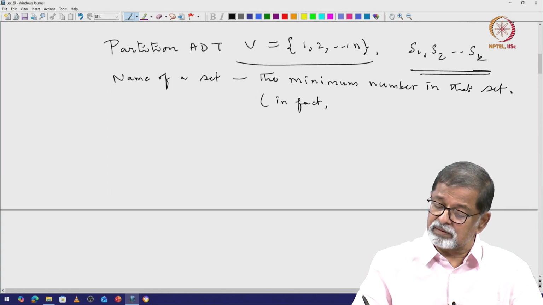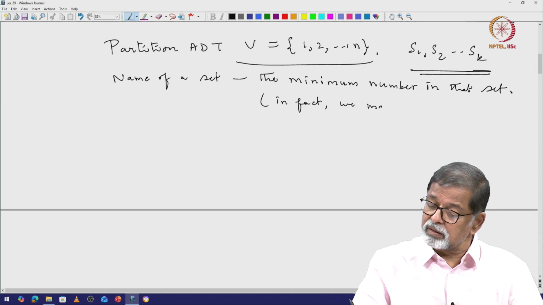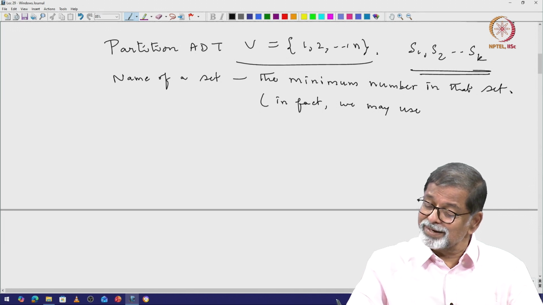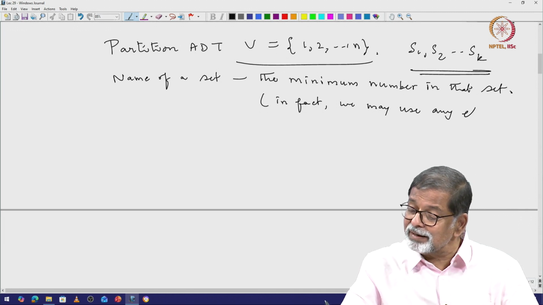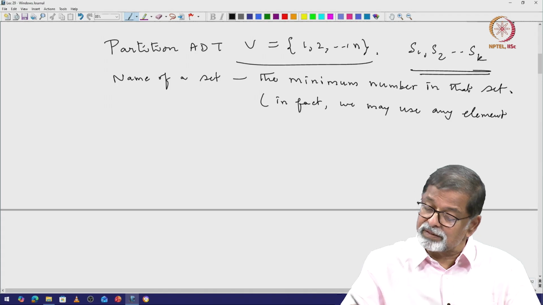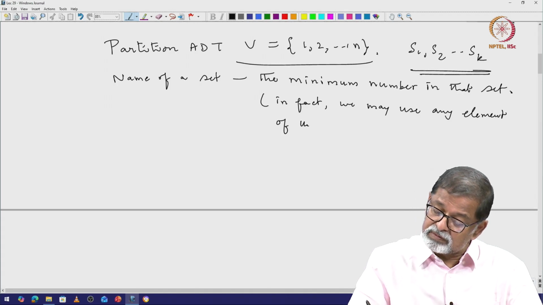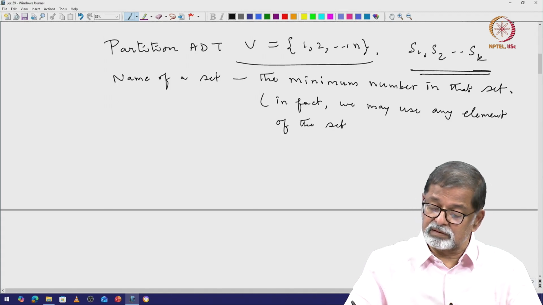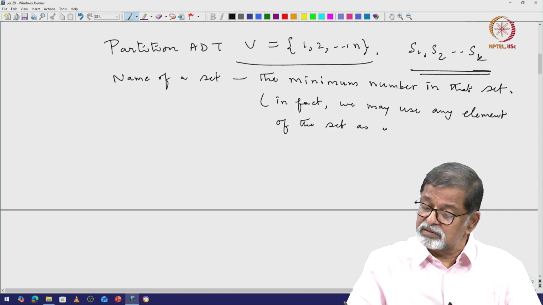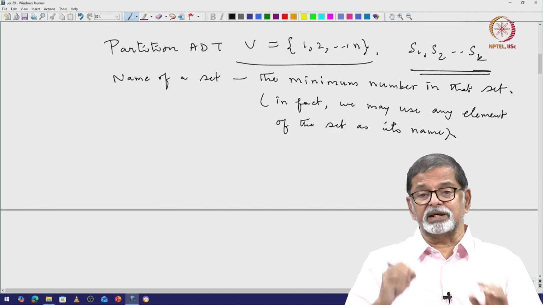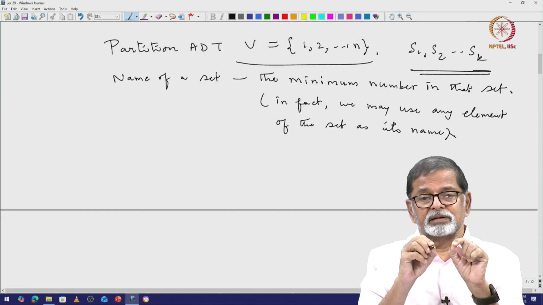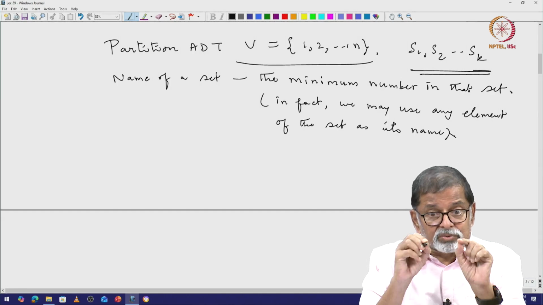In fact, we may use any element of the set as its name, because a name should be unique and an element belongs to only one set.